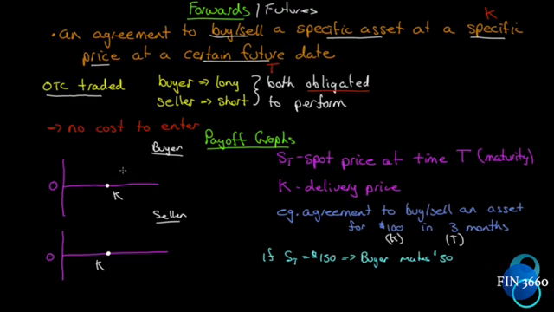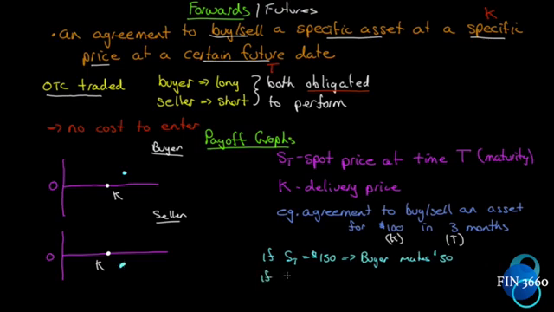So we can see that the buyer would make $50 at time T. However, the seller has to deliver the asset to the buyer. So the seller would have to go into the spot market, pay $150 for it, and then sell it for $100. The seller would lose $50.